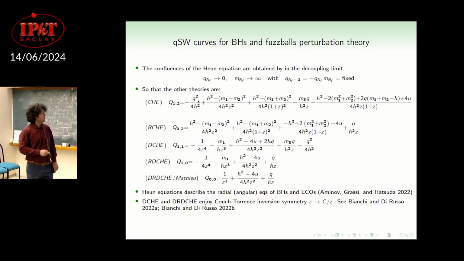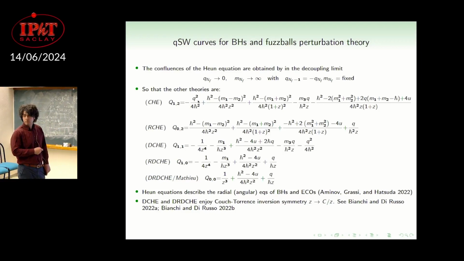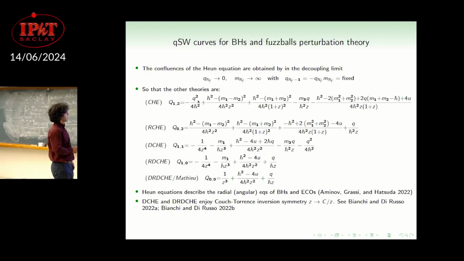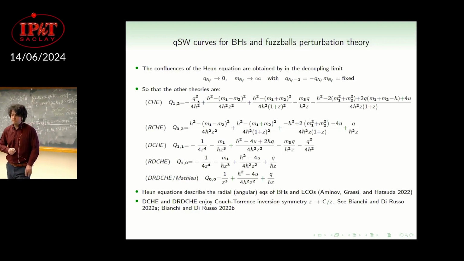So you obtain the confluent Heun equation, relevant for Kerr-Newman, Schwarzschild, and the topological star, etc. Then the reduced confluent Heun equation is important for other solitons, for example.